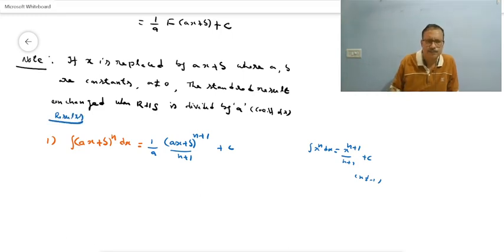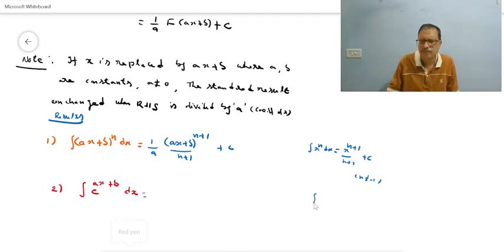So next one. Integral of e to the power of ax plus b dx. We know integral of e power x dx is equal to e power x plus constant.